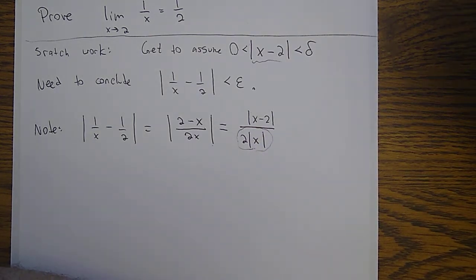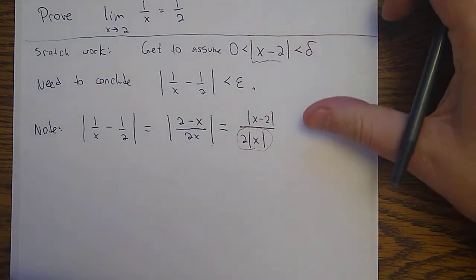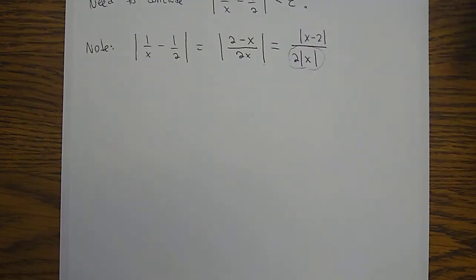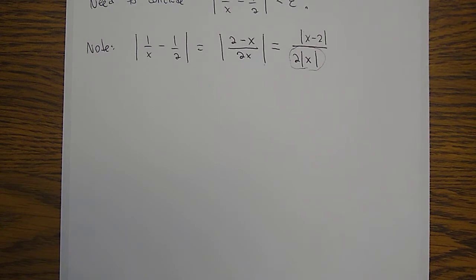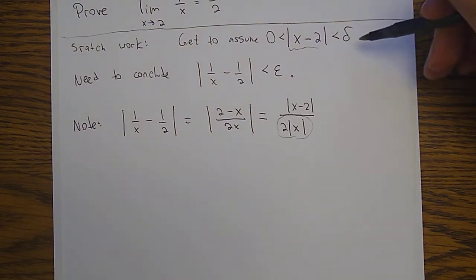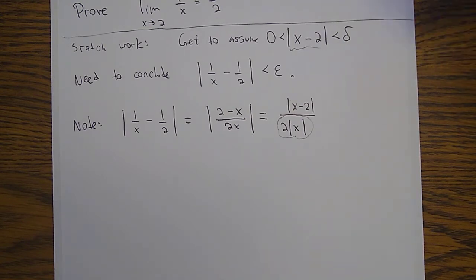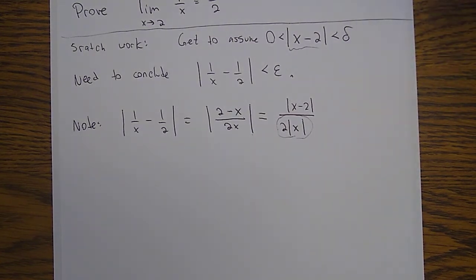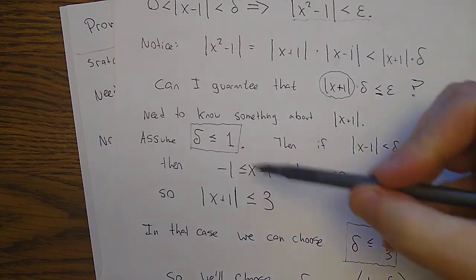So why don't we do something similar to what we did last time, just so that we can say something about this. I'm going to pick a number to say that delta is definitely less than or equal to this specific number. Last time, if you remember, the number that we chose was 1.